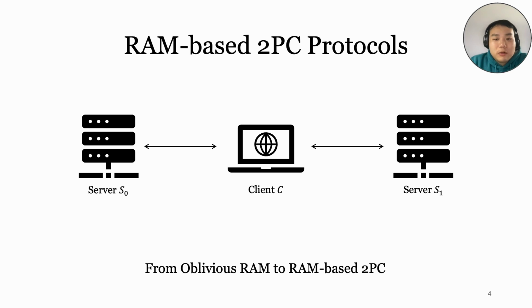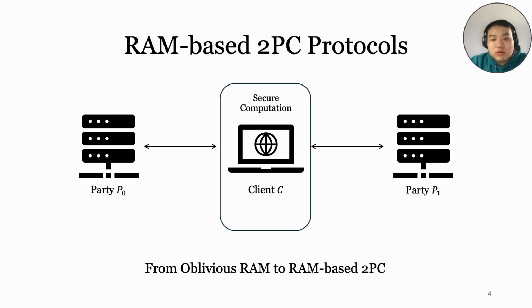A two-server ORAM protocol can be converted to a RAM-based 2PC protocol by letting two parties P0 and P1 take the role of the servers S0 and S1, and jointly emulate the client using, for example, garbled circuits and other secure two-party computation protocols.